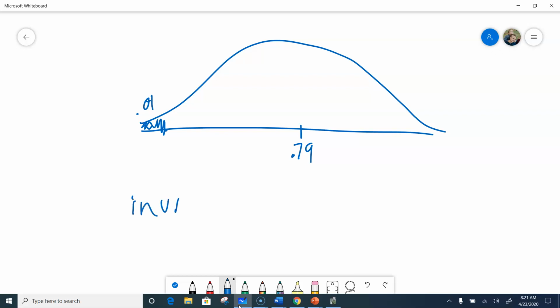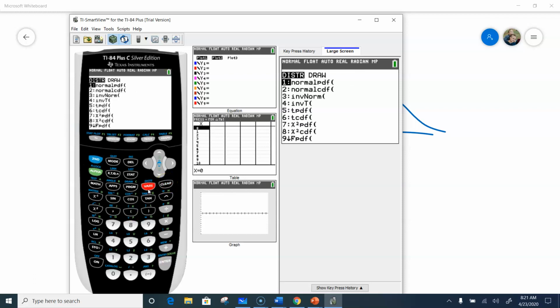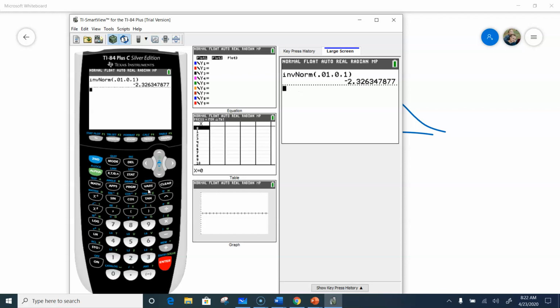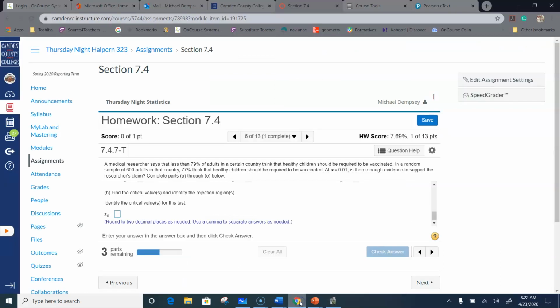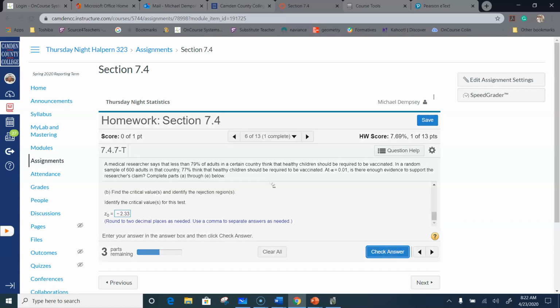So this is just an inverse norm on 0.01, mean of 0, standard deviation 1. And we can run that on our calculator again. Inverse norm. This time it's 1% in that little tail, and it's a one-tailed test. It's not two-tailed. Okay, so I get negative 2.33. That's going to be a z-score that's going to impress me. We get something at or below that.